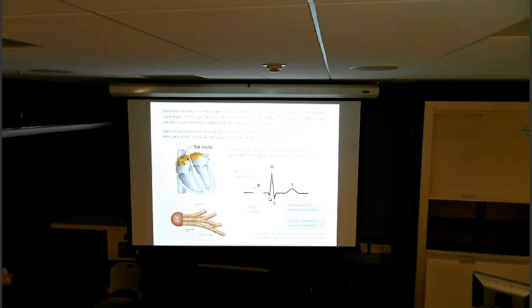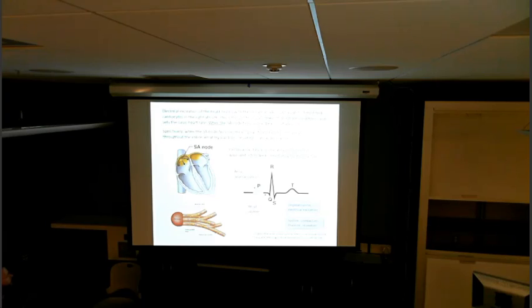This is showing the SA node. It fires and all that electrical activity spreads all throughout the cardiac cells in the atrium. What happens after the atria are electrically excited? What happens after muscle gets electrically excited? It contracts.